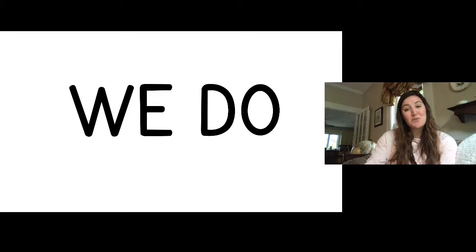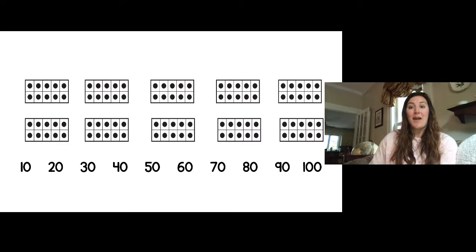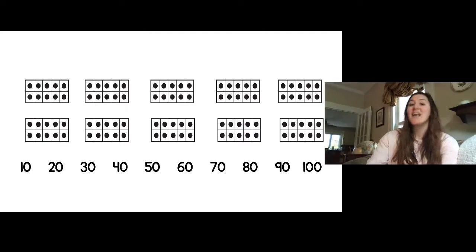Okay, now we're going to do some together. We're going to count by tens to identify how many counters there are all together. Okay, whoa, there's so many 10 frames there. And all of those 10 frames are full of 10 counters. So we can count by tens instead of counting by ones. I'll circle, you count with me by tens.